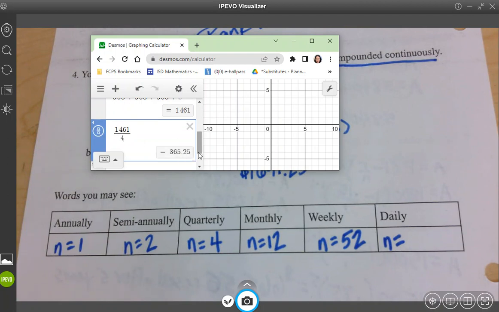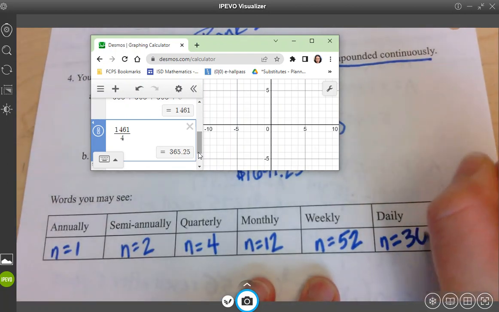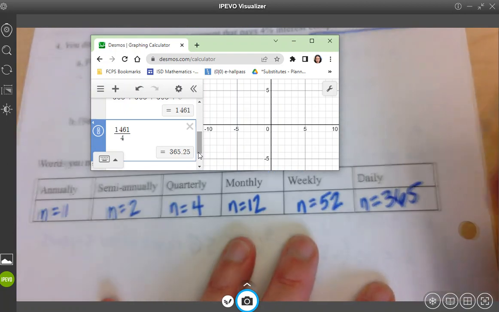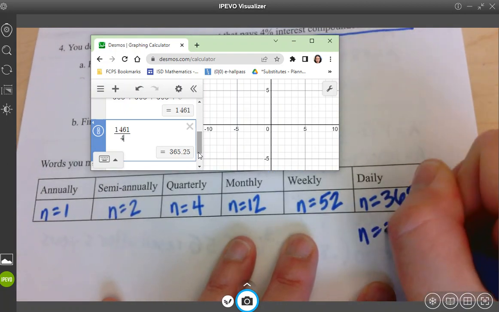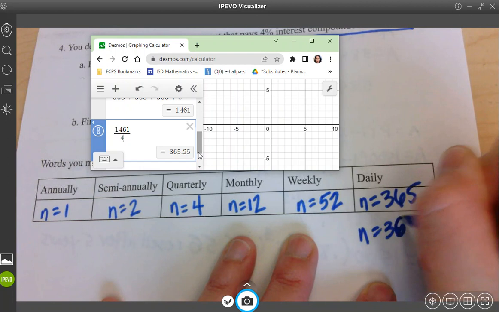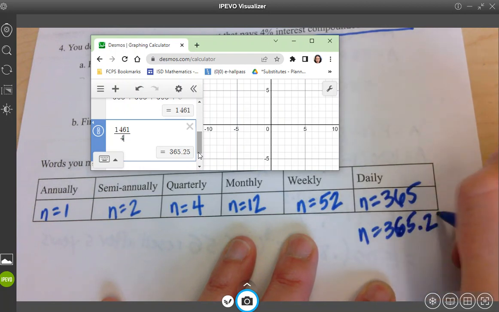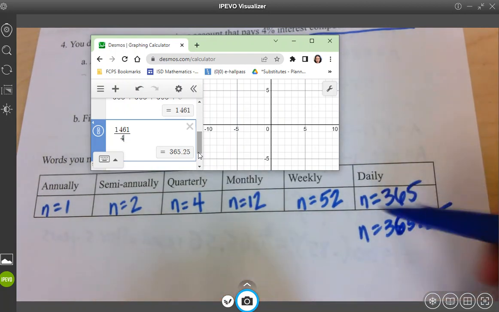So if this is the case, it is possible they want n equals 365, or it's possible they want n equals 365.25. You might need to see what Delta Math wants there. I think they want 365, but if you were on a test and you said n equals 365.25, I would be impressed. All right, probably Delta Math wants this one, but I like this one too.